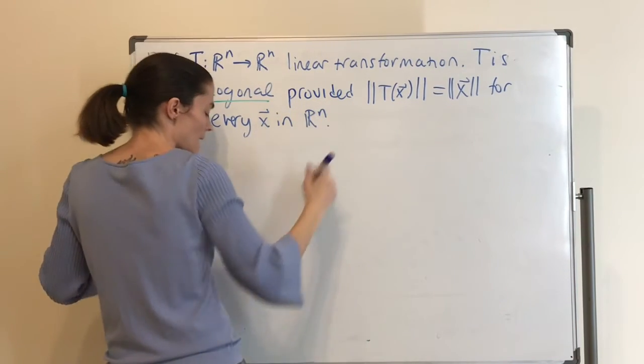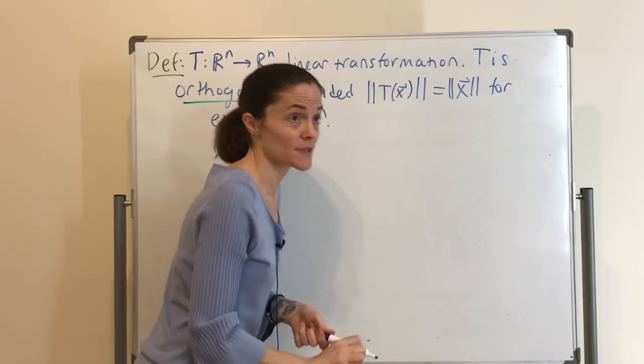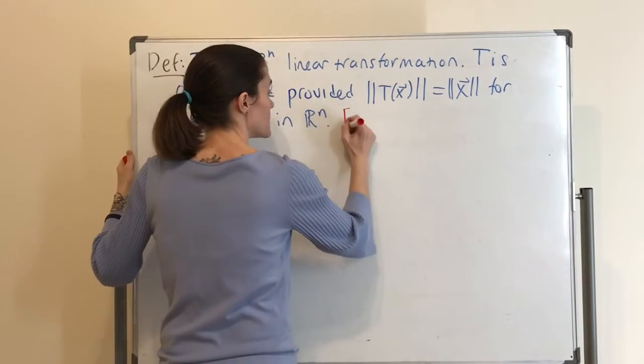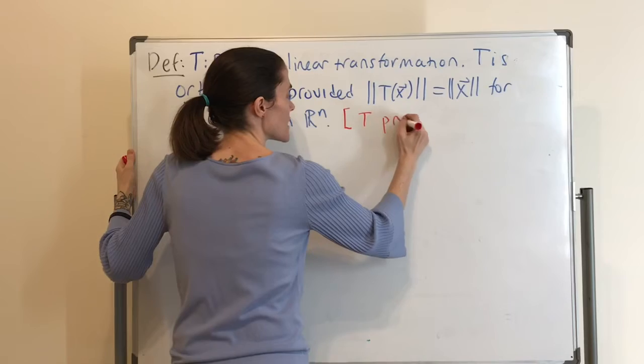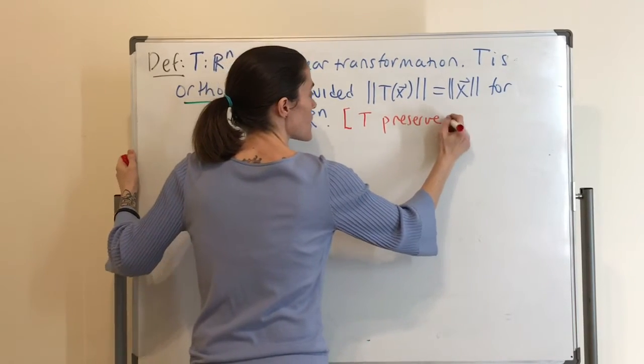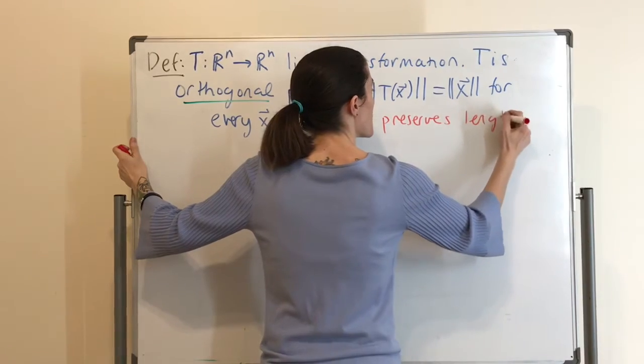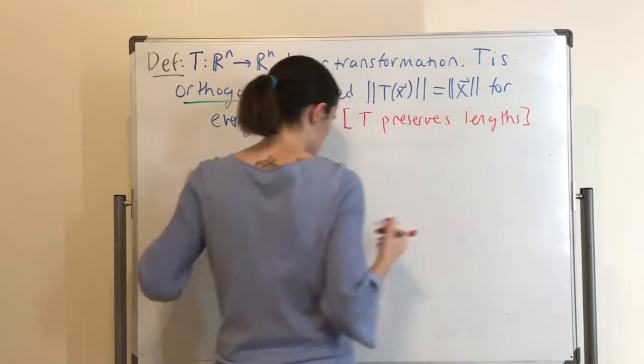So what this says in words is that T preserves lengths. I'll write it, because we're going to see some other things that T preserves if it's orthogonal in today's lesson. T preserves lengths. This is what this definition says.